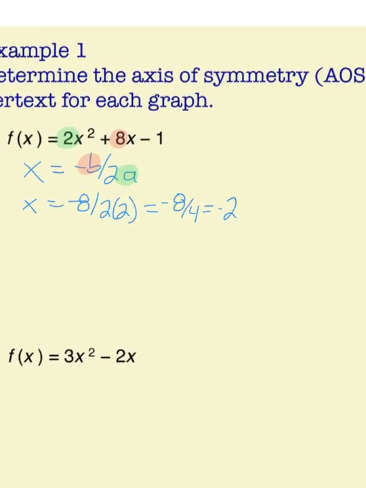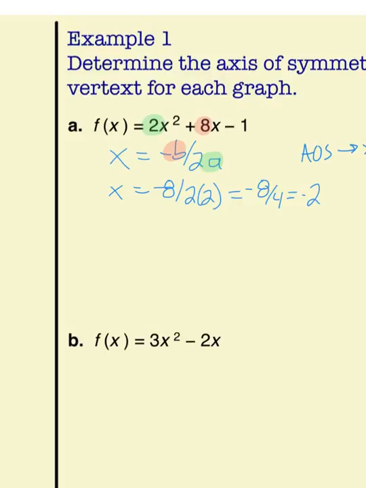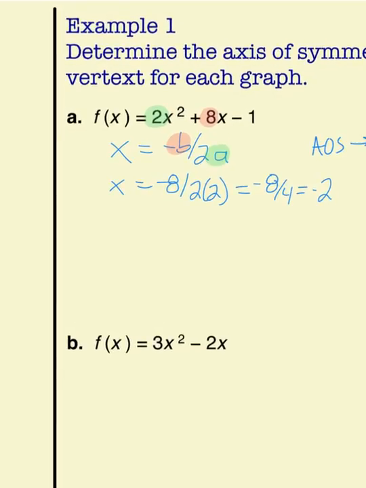Our axis of symmetry is x equals negative 2. All right, so next we have to find the vertex. How we're going to find the vertex is we're going to plug in that x value so that I can find the y-coordinate of the vertex.